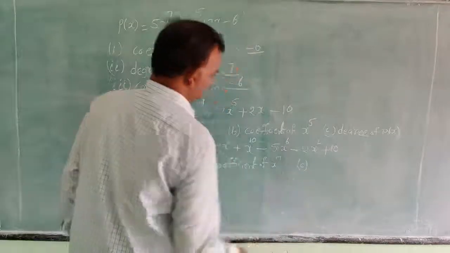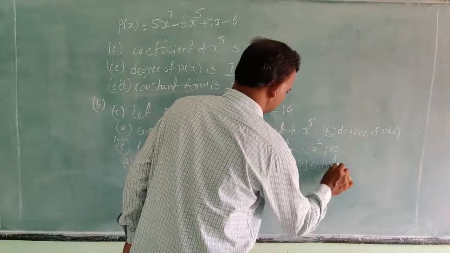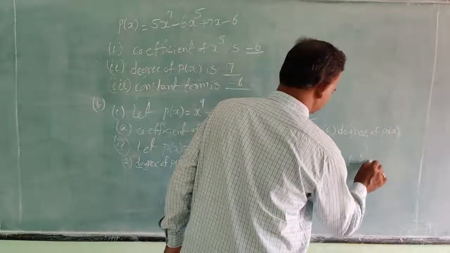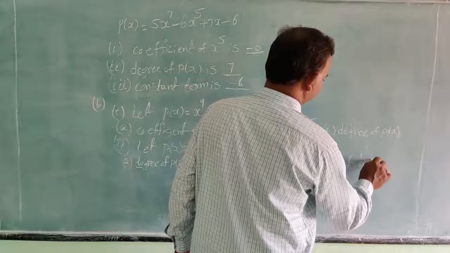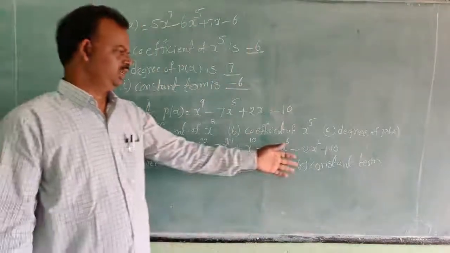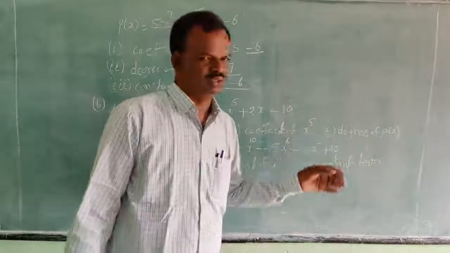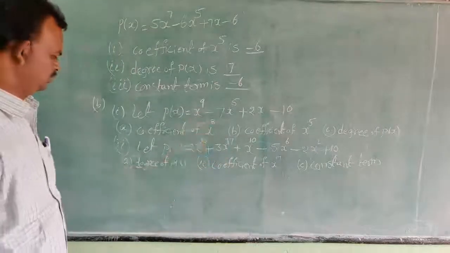And the third one is the constant term. Or we can write other questions, like the coefficient of x^5, x^6 or x^20. We are making other questions.